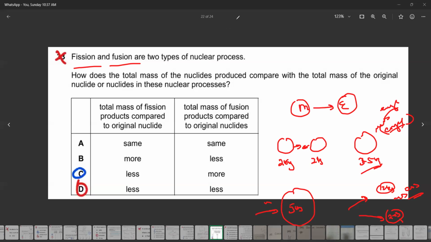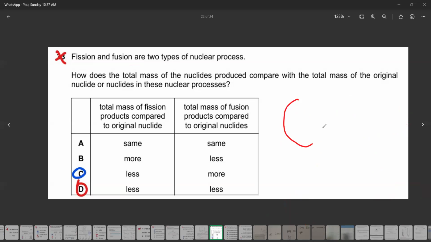In a nuclear fission, a heavy nucleus breaks down into lighter ones. Say this is 5 kilogram, just a simple example. When it breaks down into lighter nuclei, this is 2 kilogram and this is also 2 kilograms. What happened to the remaining 1 kilogram? It converted into energy. Same thing happens in a fusion.